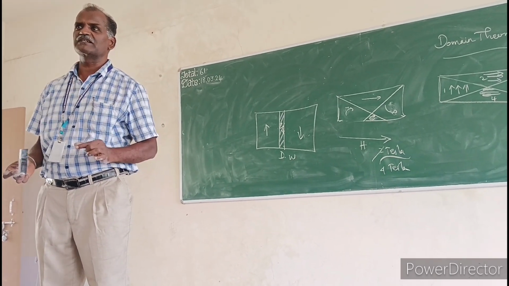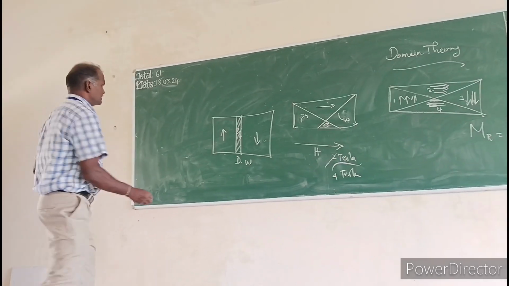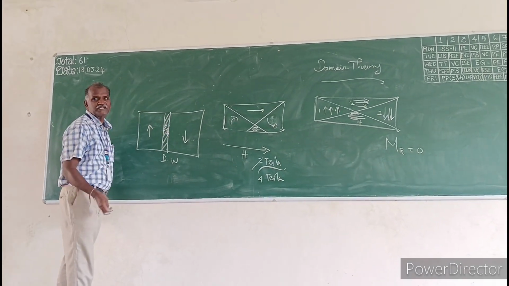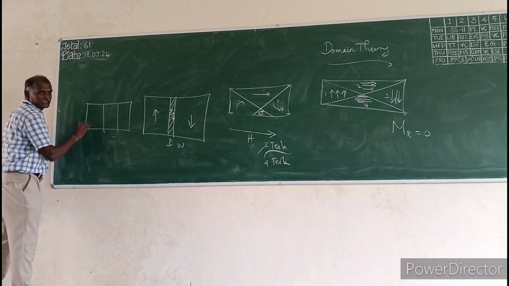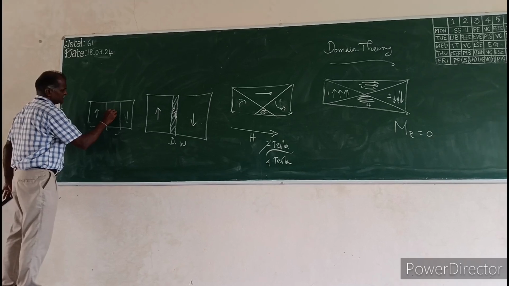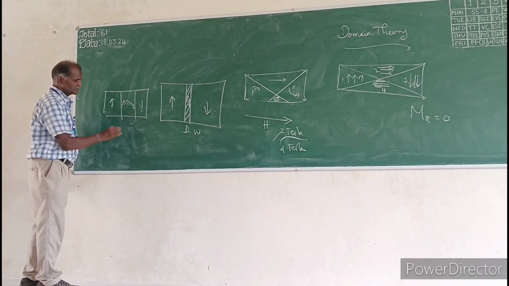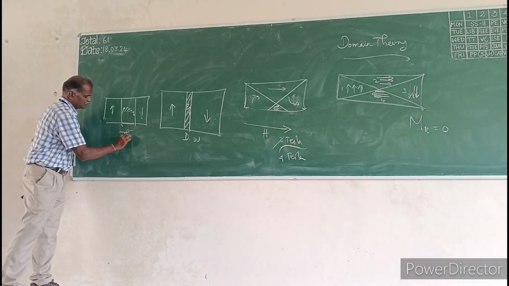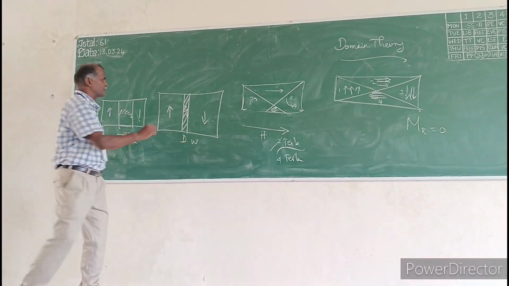The wall is further classified into 2 types: thin wall and thick wall. If the wall is thin, the change takes place abruptly, suddenly. If the wall is thick, the change takes place slowly. So the transition takes place very slowly in a thick wall, whereas in a thin wall, abruptly.